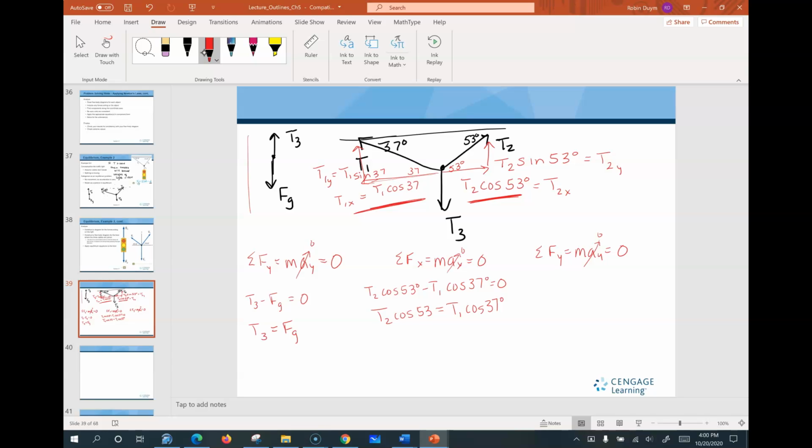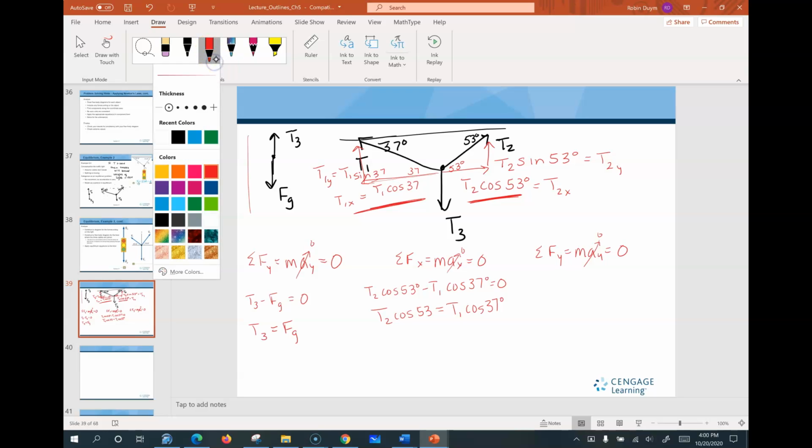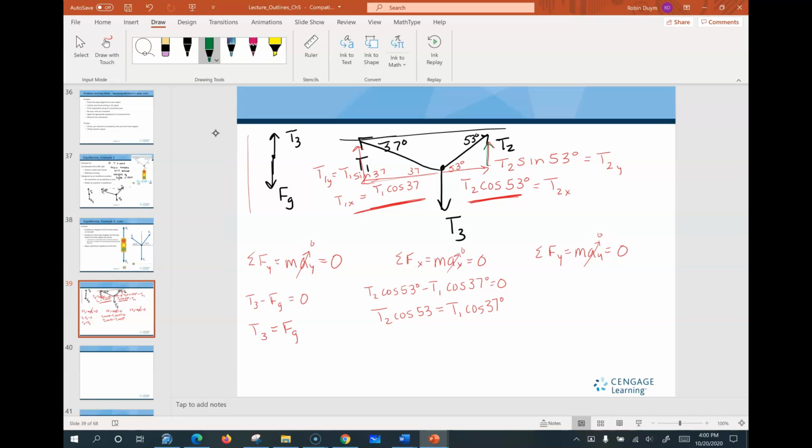So what do we have in the y direction? Well, we have T2 sine 53, T1 sine 37, and don't forget about T3. So we've got T2 sine 53 plus T1 sine 37 minus T3 equals 0.